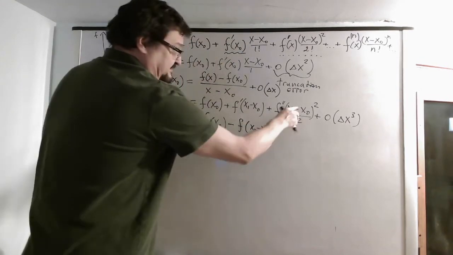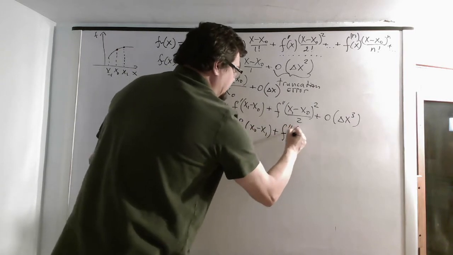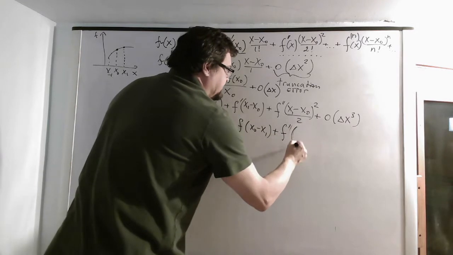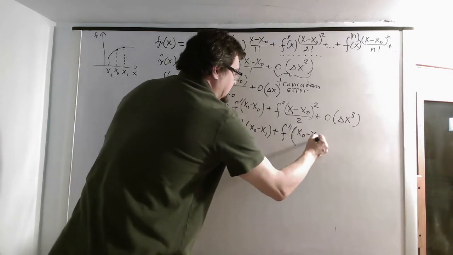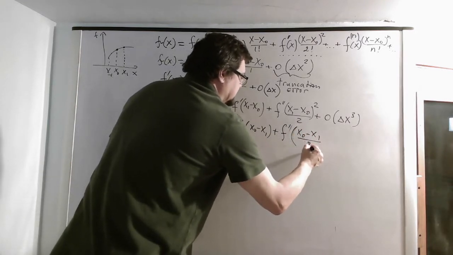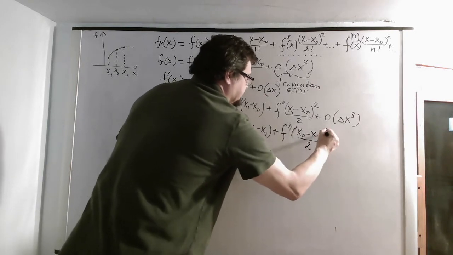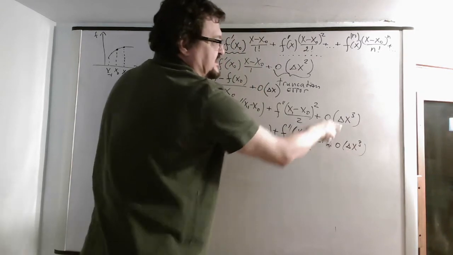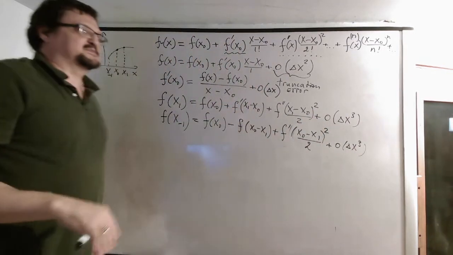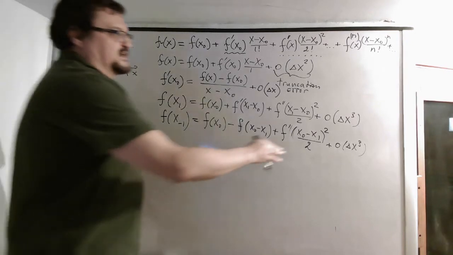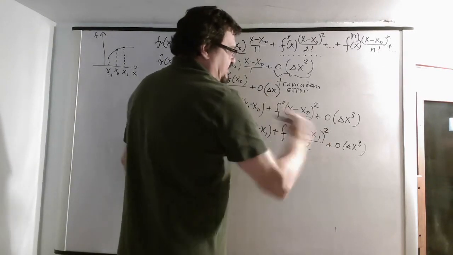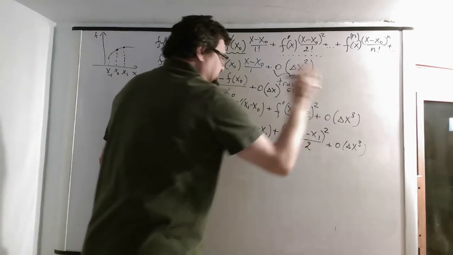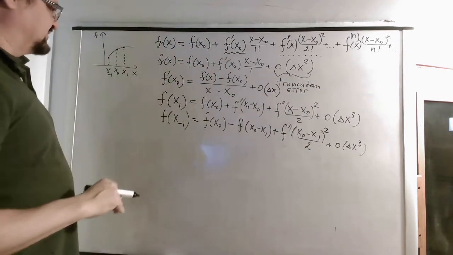And here it doesn't matter because it's squared, so we still have the same term, but instead of x1, we have x naught minus x1 divided by 2, and this is squared, plus o(delta x cubed). And this o(delta x cubed) can be different, but the order is about the same. So that's why we still write it this way, wrap everything under this and just keep all unknown terms there.